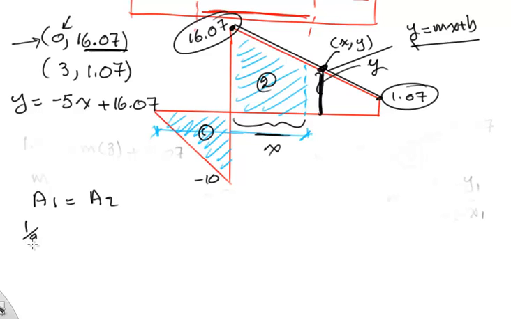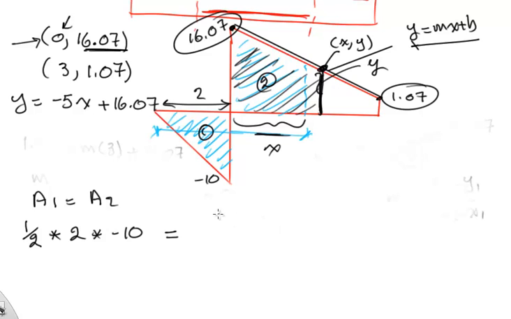So what is the area here? It's 1/2 multiplied by 2, which is this distance, multiplied by -10, should equal to, what is the area of this trapezoid? The unknown trapezoid, this one.